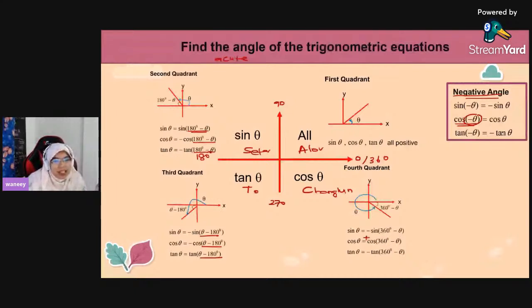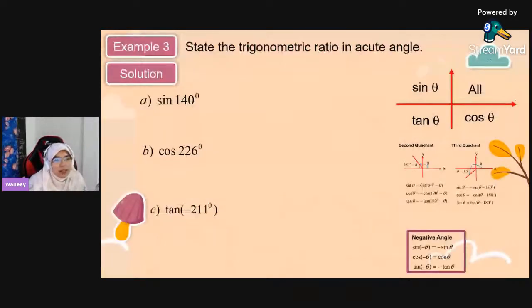Okay, next. Let us try to solve some examples. I already gave you all the formulas on the right hand side. So we just need to state the trigonometric ratio in acute angle. Okay, so now sine of 140. Based on the quadrant, you have to check first where is 140. Are they in the first, second, third, or fourth quadrant?